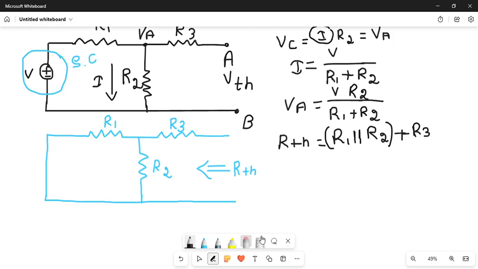Now if I try to simplify this, what is R1 parallel to R2? It is nothing but R1 into R2 divided by R1 plus R2.